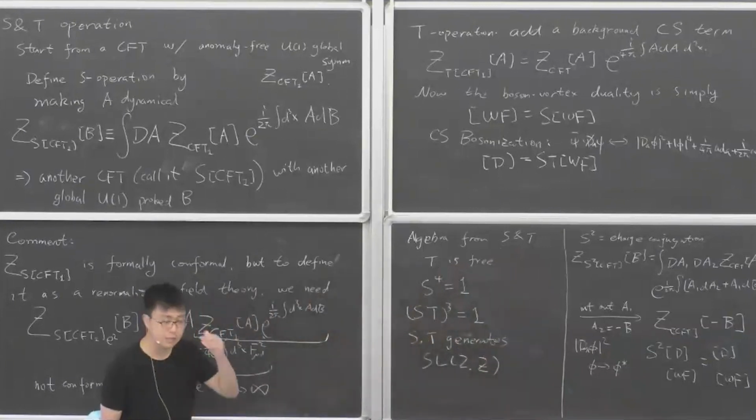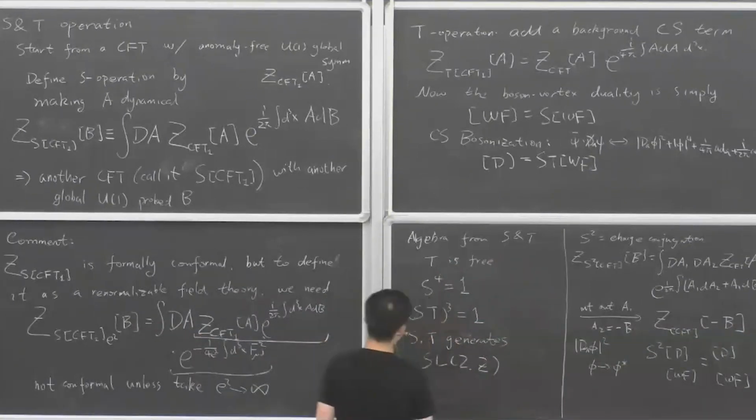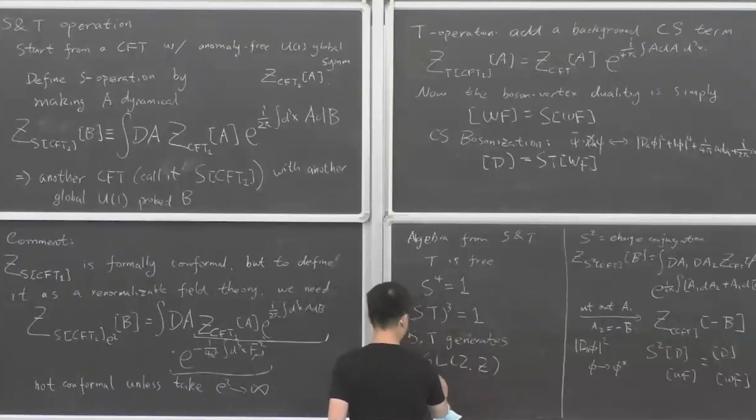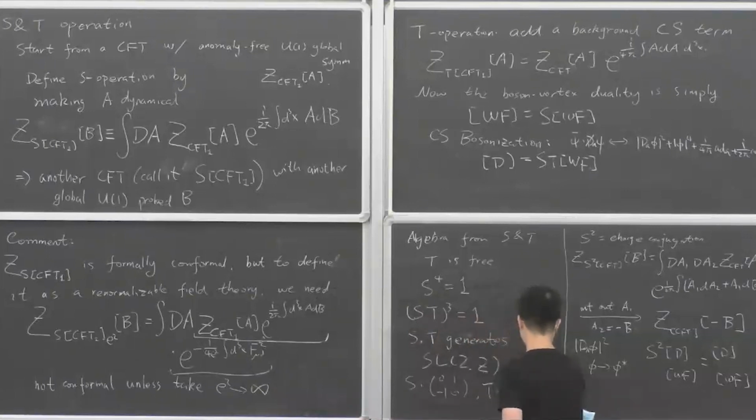These are 2 by 2 integer matrices with determinant 1. And if you represent this as 2 by 2 integer matrices with determinant 1, S is represented essentially by the epsilon tensor, and T is basically, I think, this guy.